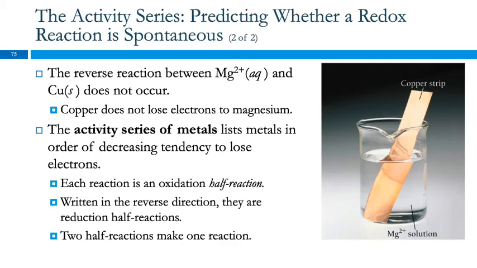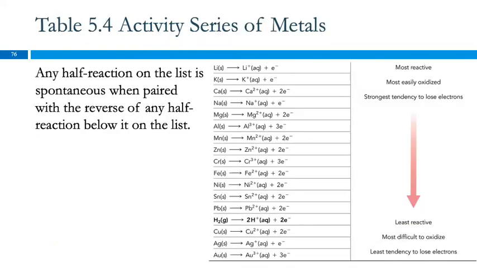If you write that in the reverse, it's a reduction half reaction. And if you put two half reactions together, they make a single complete reaction. So this is the activity series. And good news, you don't need to memorize this. If you need it on an exam, I'll give it to you.